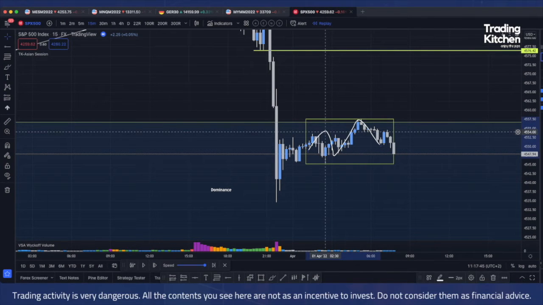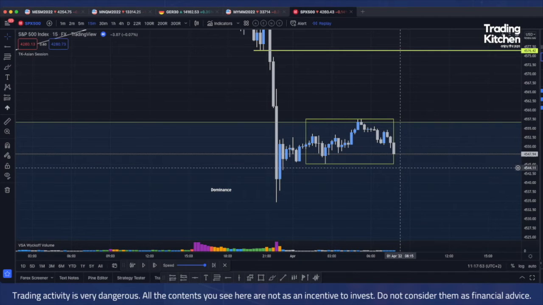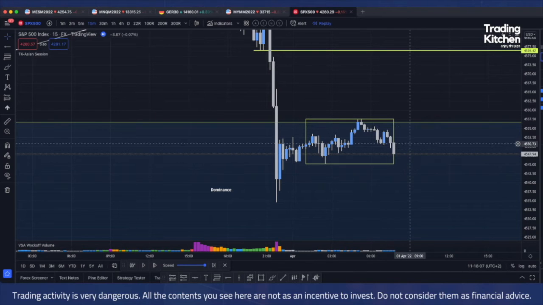Because the market has not decided yet, okay? So this is good for us because usually the manipulation is after the Asian session closing and before the London opening, okay? So right here, more or less, okay?